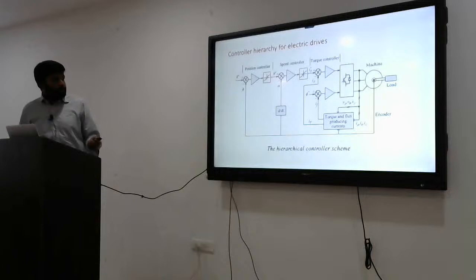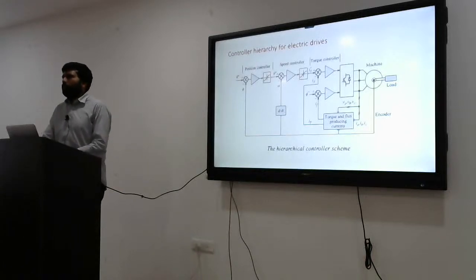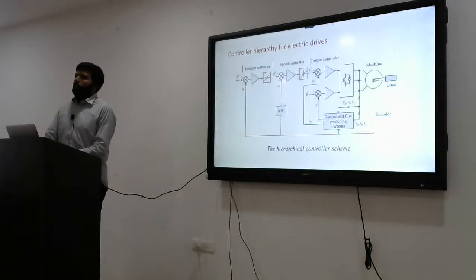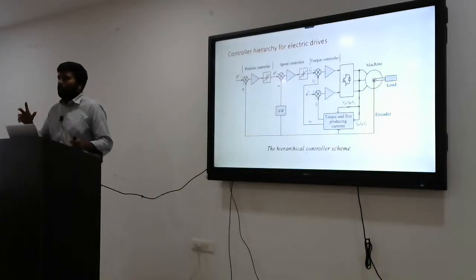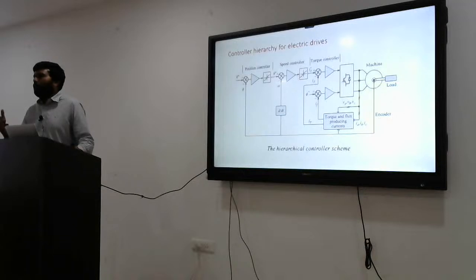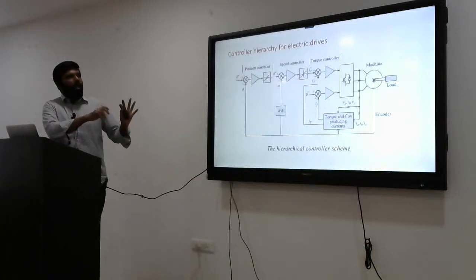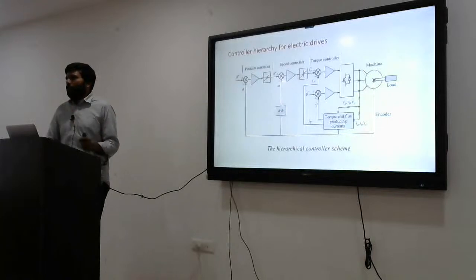Now come to the hierarchy. This is a very important concept, right? Because this block diagram is common for all electrical drives. Whether low power drives, high power drives, DC drives or AC drives, this control hierarchy is common. Control sequence, right?